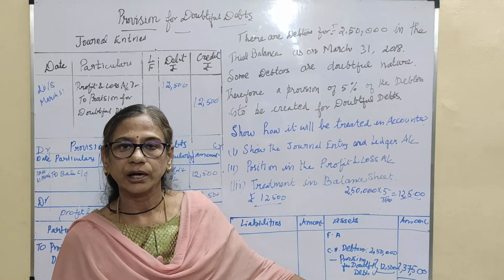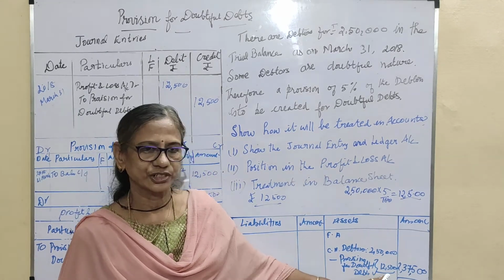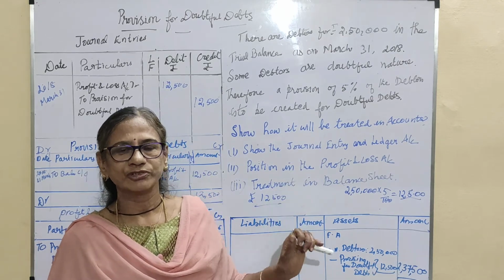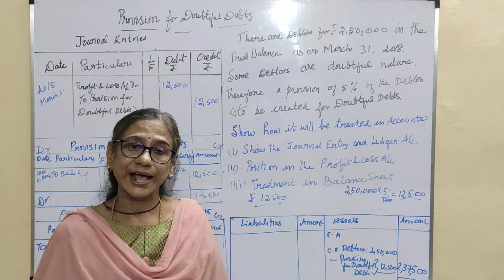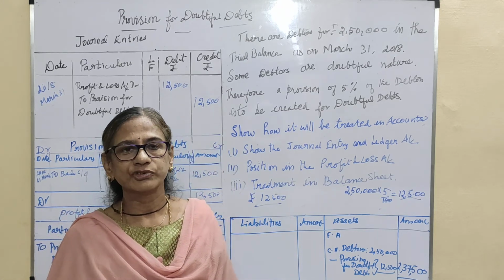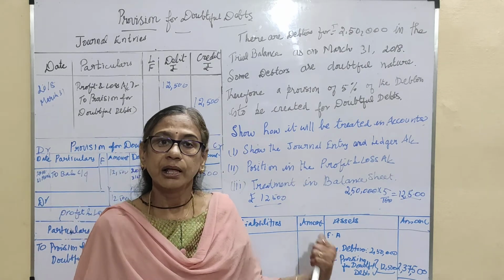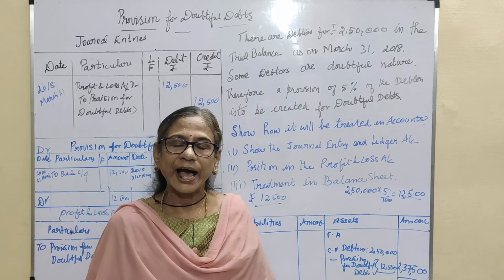This may be a good debtor or a bad debtor only in the next year. That is when they come to know. This is the difference between reserves and provision. Reserve is meant for the creation of assets, to develop the business. Provision is a charge against the profit and loss account, against the expenses which we have to meet.